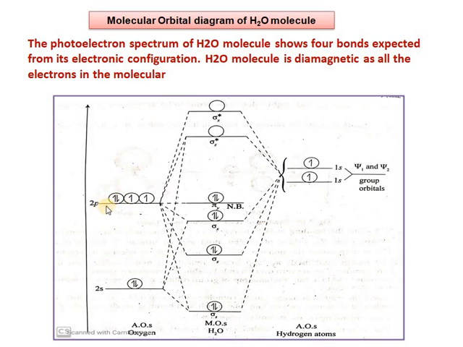Secondly, the 2px, 2py and 2pz orbitals have one electron each, and the 2px orbital has 2 electrons.